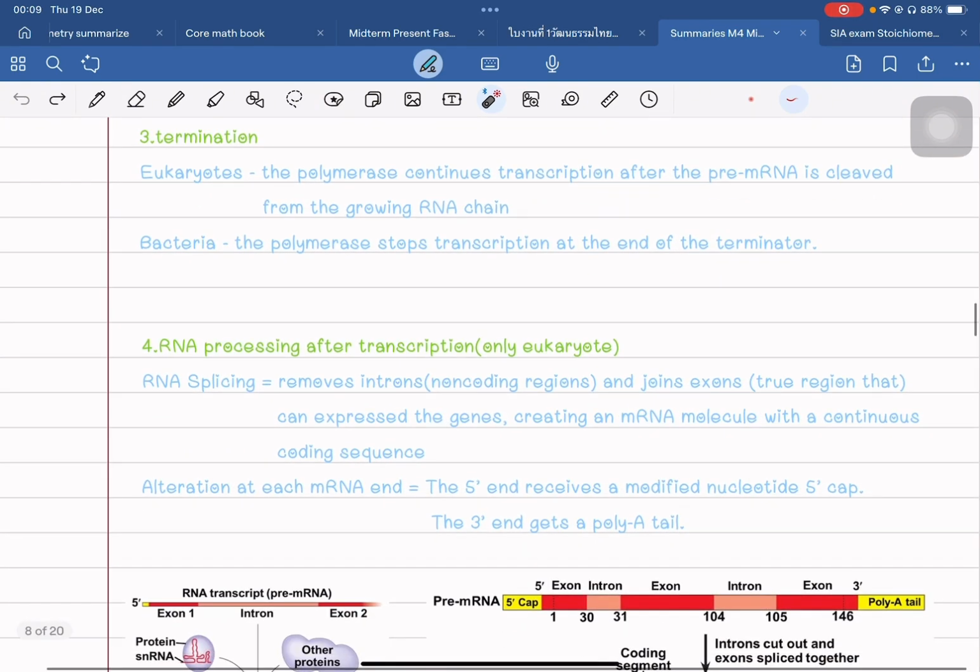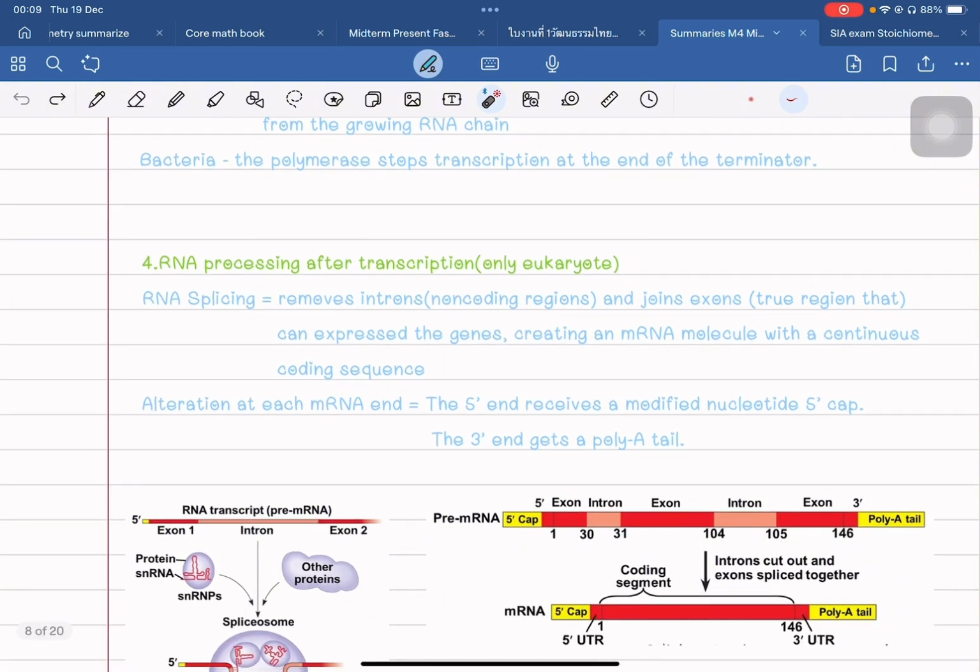So the fourth stage is the extra stage which only happens in the eukaryotes. It is the RNA processing after transcription. So RNA splicing is to remove introns, which are the non-coding regions, and join exons, which are the true regions that can express genes, together and create the mRNA molecules with the continuous coding sequence.